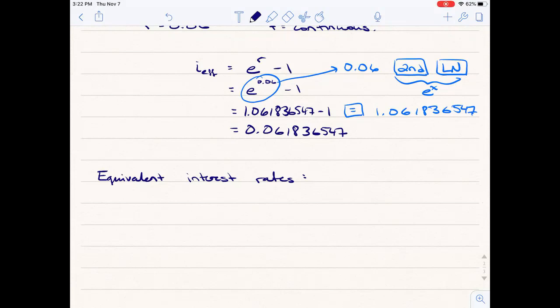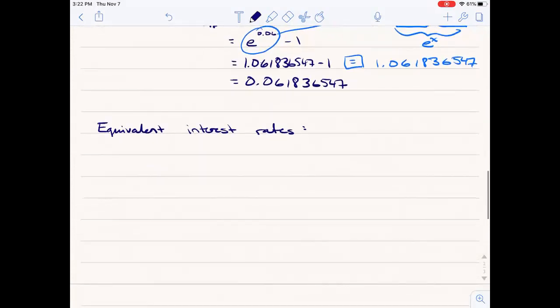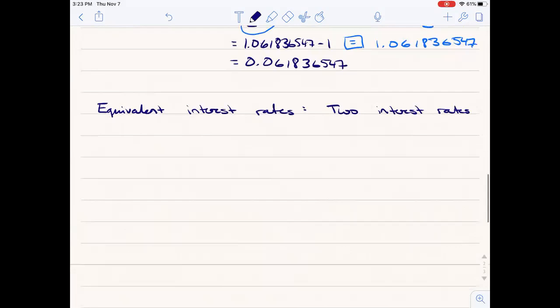All right, and so equivalent interest rates from this whole section, this next part is the one that you need to pay attention to, or the only formula that you'll really, really need from this section. So equivalent interest rates are two interest rates that have the same effective rate.